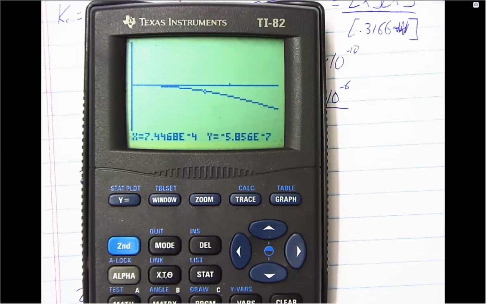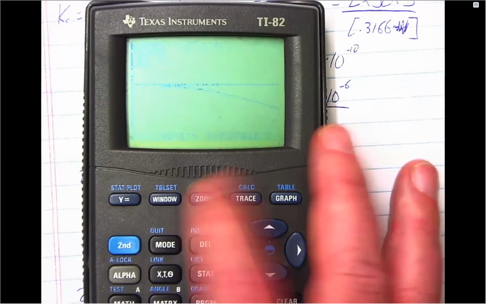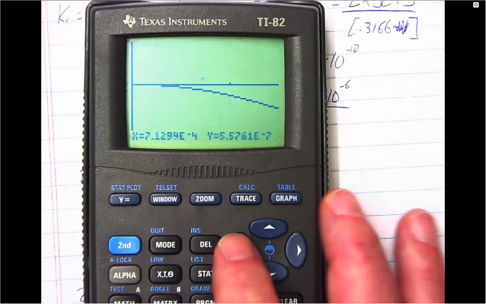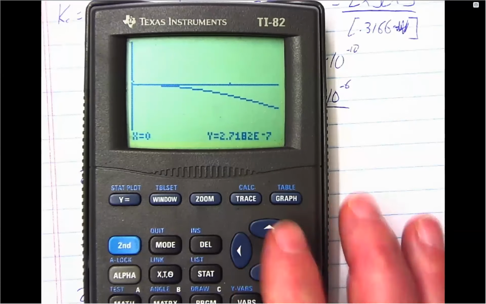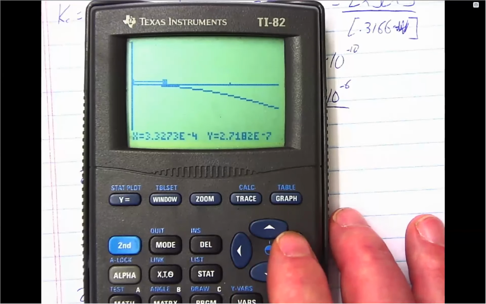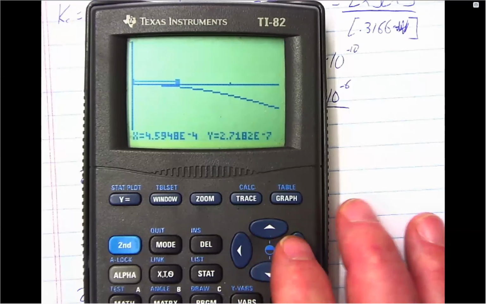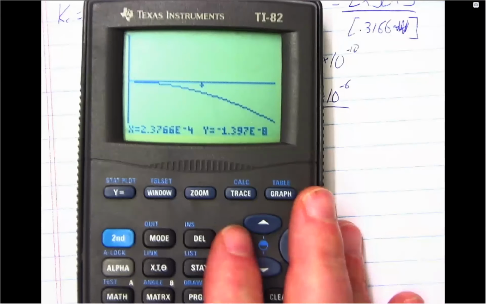All right, still that doesn't look super great. Let's try Z-boxing again. So I'm going to go zoom, Z-box. All right, still not great.